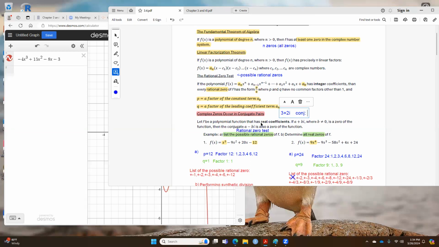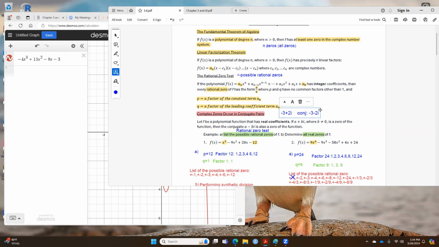It will be 3 minus 2i. So the word conjugate means the sign is different, but the numbers are the same. And what happens if I say negative 3 plus 2i? What is the conjugate in this case? Not 3 minus 2i. This is not the real conjugate. The conjugate is negative 3 minus 2i.